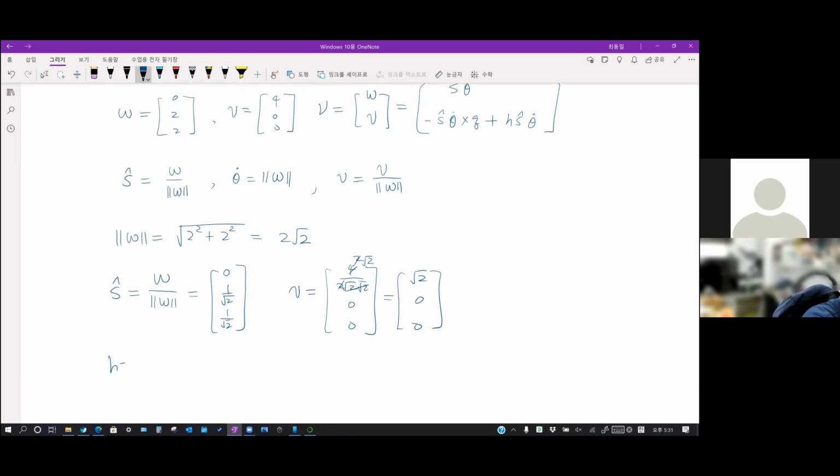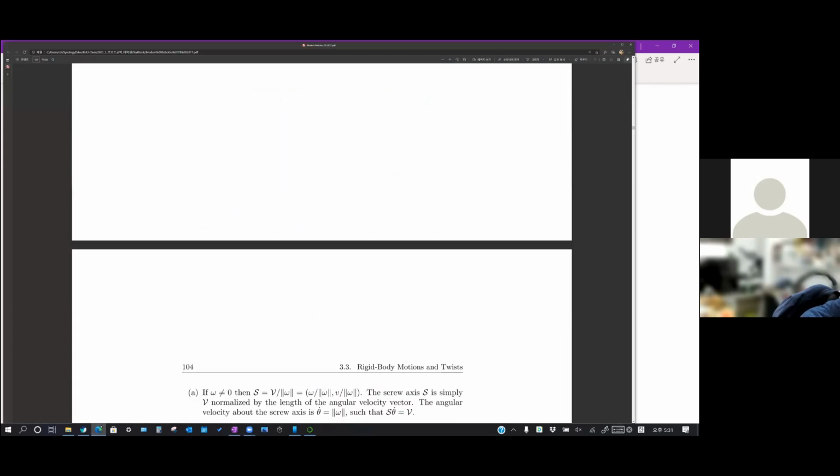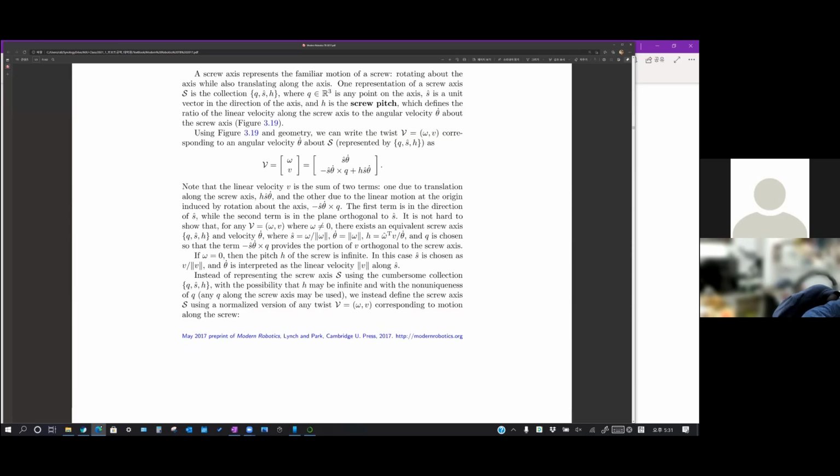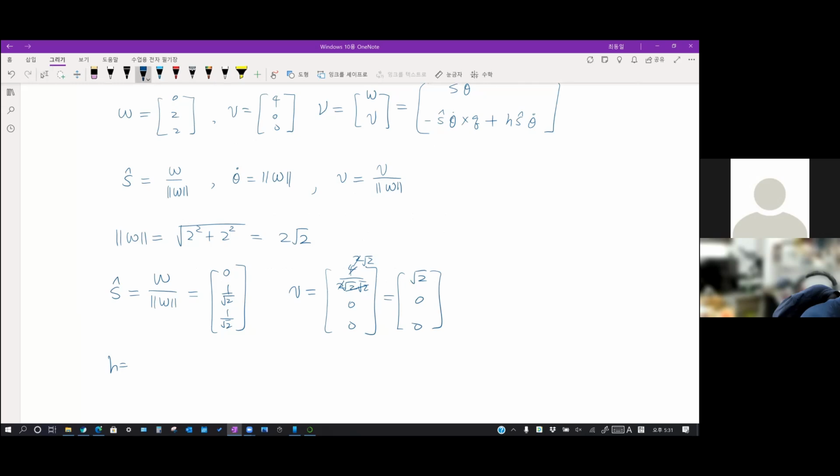And H can be calculated by this equation. Omega hat transpose V over theta dot. In here, omega transpose V is 0, 2, 2 times 4, 0, 0, which equals 0, whatever we choose theta dot.